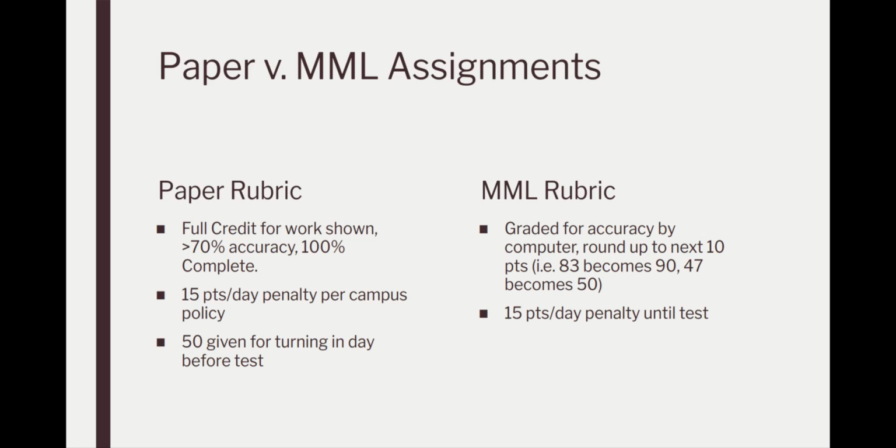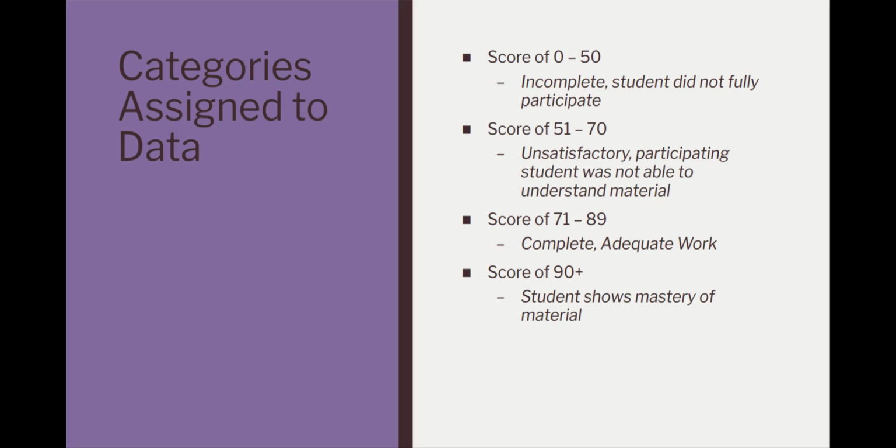So a student who makes an 83, as you see here on the screen, would have received a 90, and a student who originally made a 47 would have gotten a 50. And this went all the way down. If you made an 11, you got a 20. If you made a 92, you got 100. It's still a 15-point per day penalty, and it could still be turned in all the way up to the test.